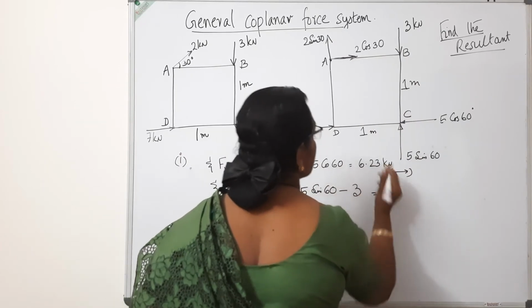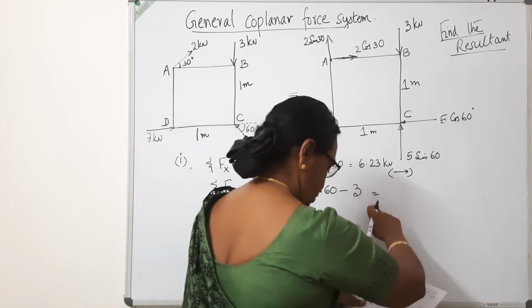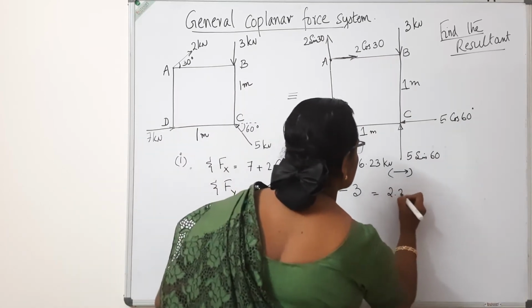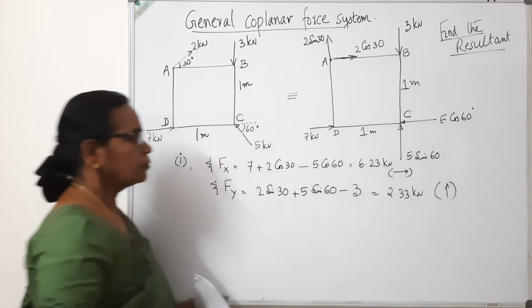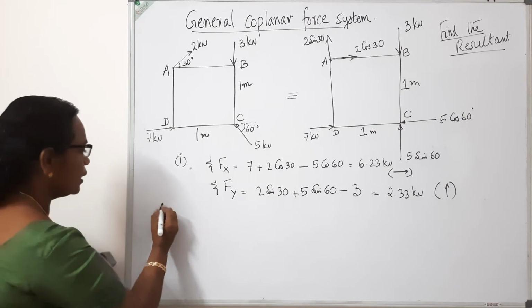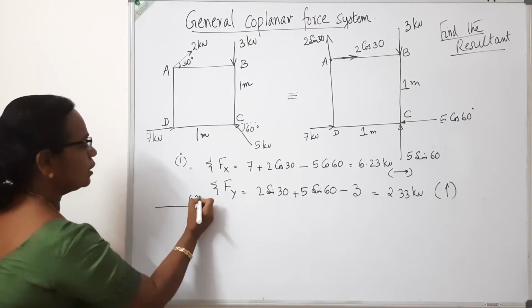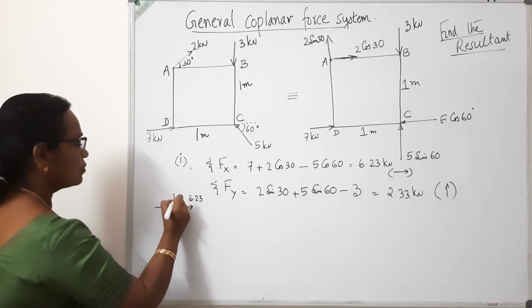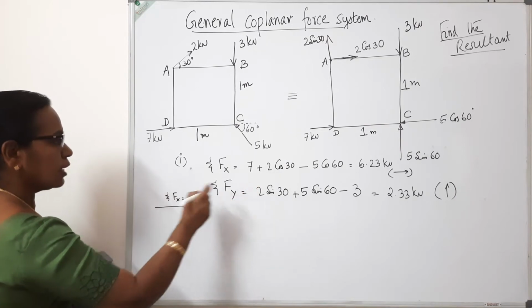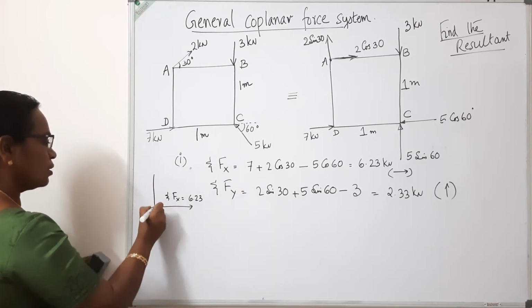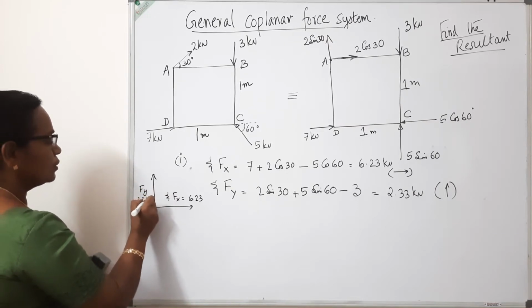The 3 is acting downward; these two forces are upward, one force is downward. So the total sum works out to 2.33 kilonewton upwards. So I can mark here sigma Fx towards right 6.23, and Fy is 2.33 upwards.